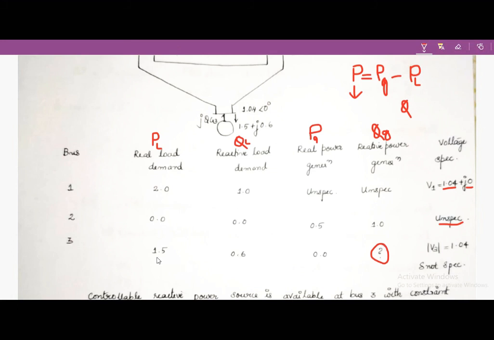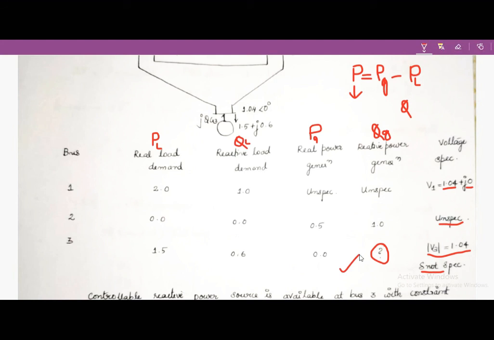That means in this case active power is specified, whereas there is no reactive power specification here. And the magnitude of the voltage is given as 1.04. Delta is not specified. So what type of bus is this? Active power is specified and magnitude of voltage is specified. So this bus is a PV bus or generator bus.